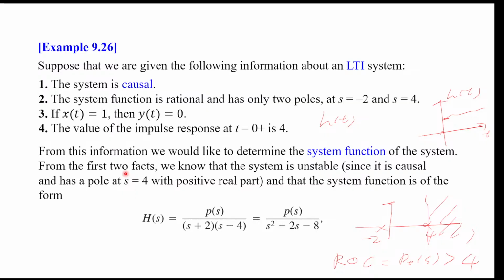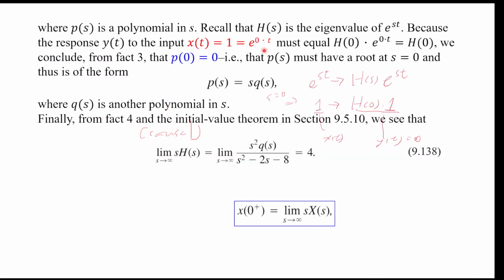So you might think it's hard to use H of s with this time domain condition. But then you remember that H of s also has another interpretation. In chapter 3, we say H of s is the eigenvalue of e to the st.